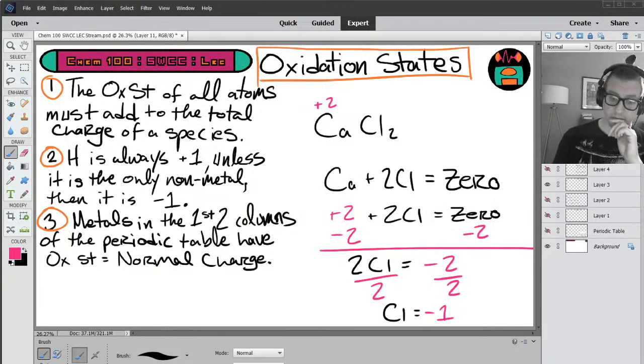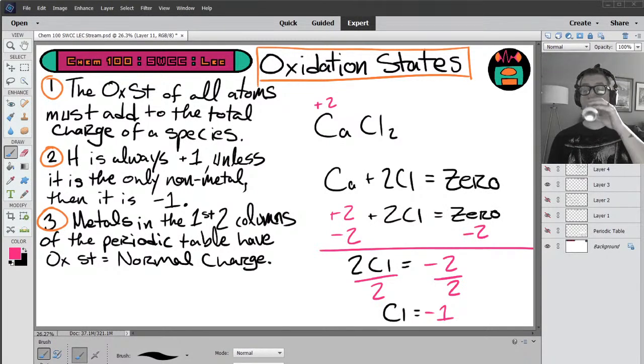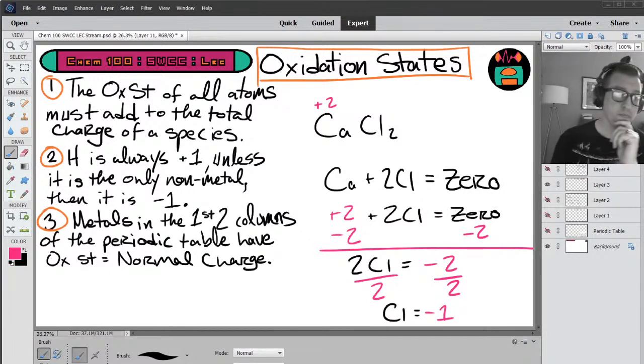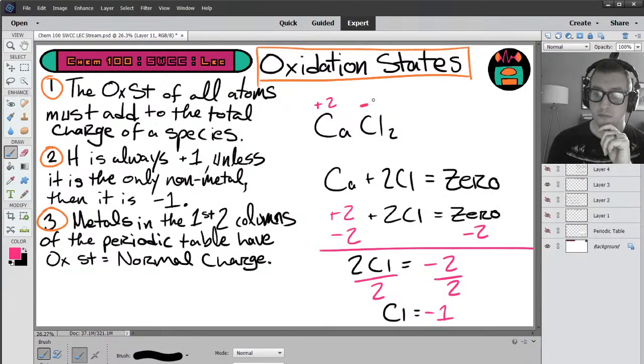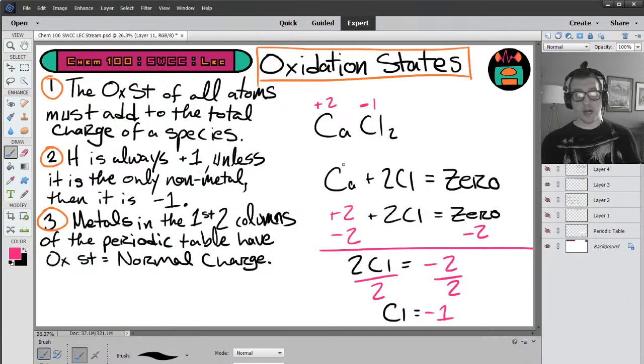All right. So, calcium's +2, chlorine is -1. Those are 2 oxidation states.